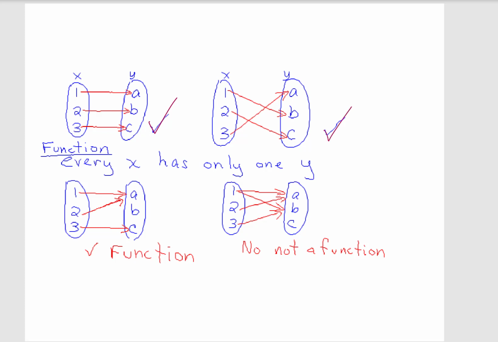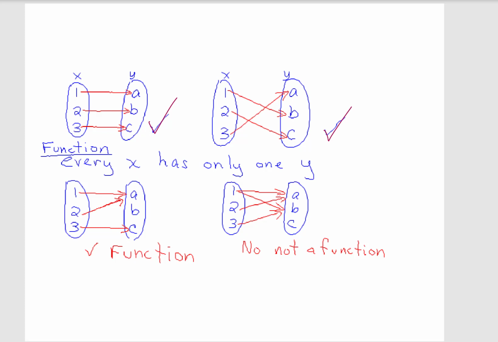In this bottom left example, 1 is paired with a, 2 is also paired with a, and 3 is paired with c. This would still be a function though, because 1 only has a single y, and the x of 2 only has a single y. Even though they're the same y's, we're looking at the x's, right?